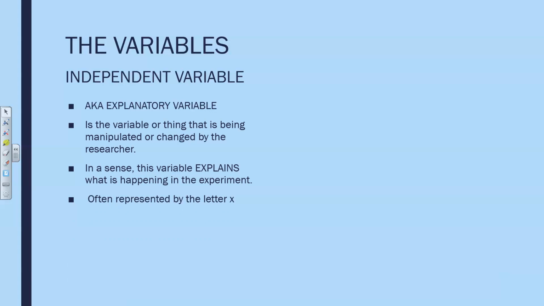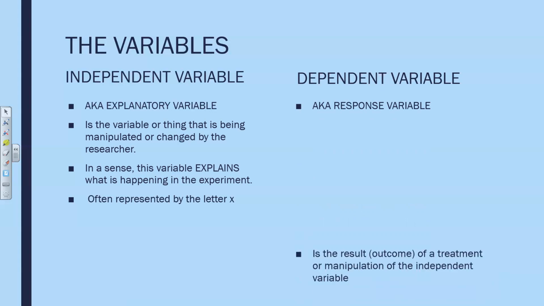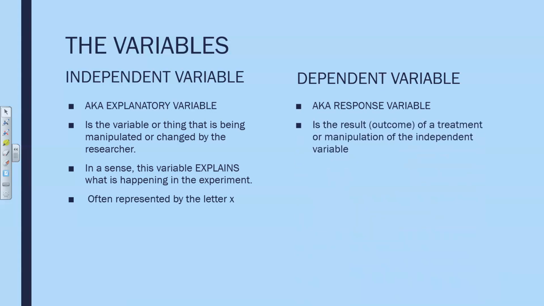Opposite that independent variable, we have the dependent variable. Dependent is sometimes called the response variable. And basically, it's the response or the result of that particular treatment or manipulation.